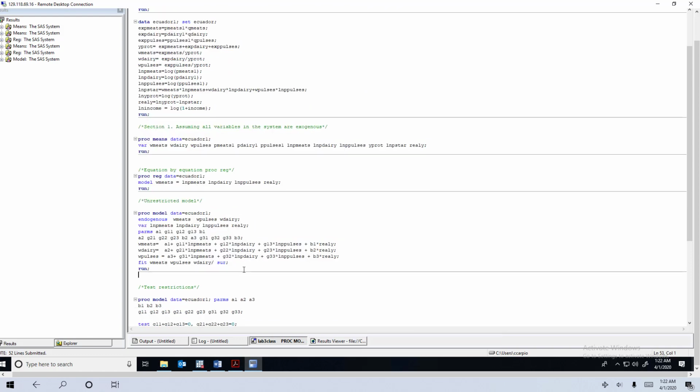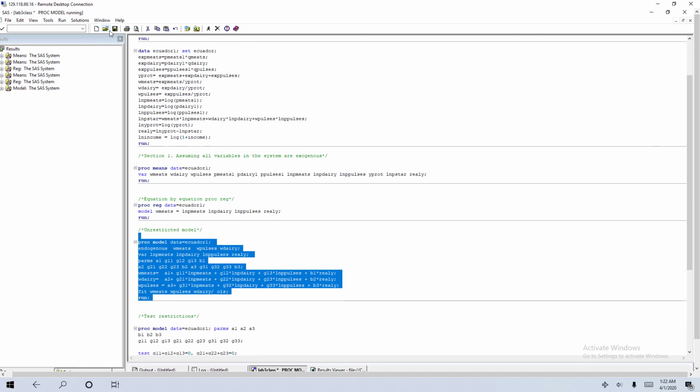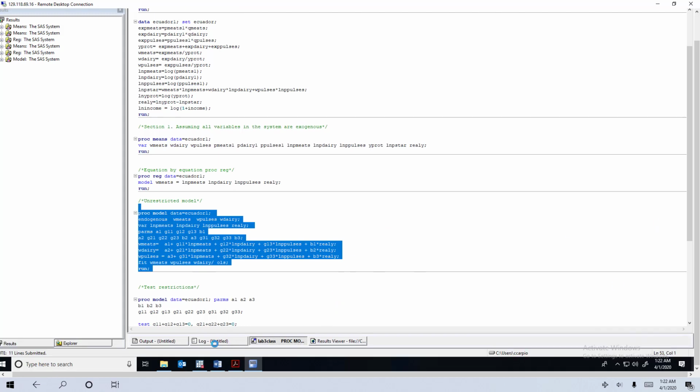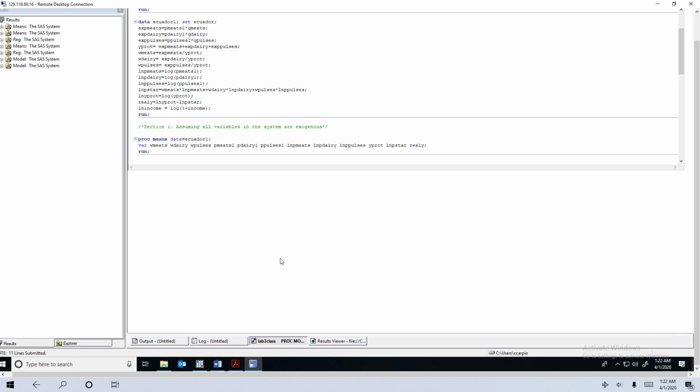Okay, so again, initially I told you to use OLS. So let's use OLS first, three equations separately. And now it's working. Okay, so there's convergence. Proc model uses nonlinear procedures. So that's what it said about convergence.